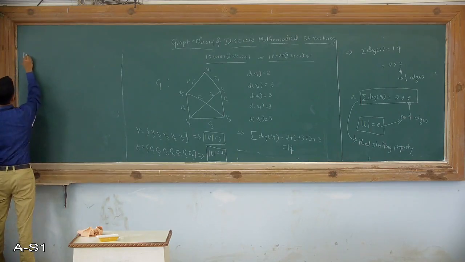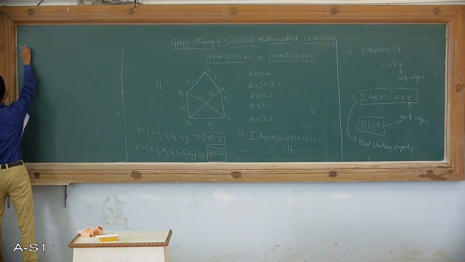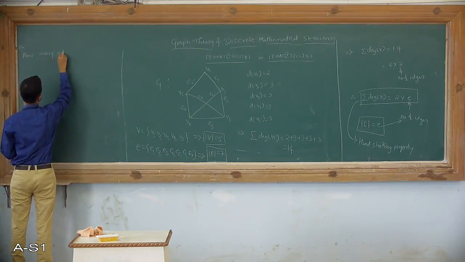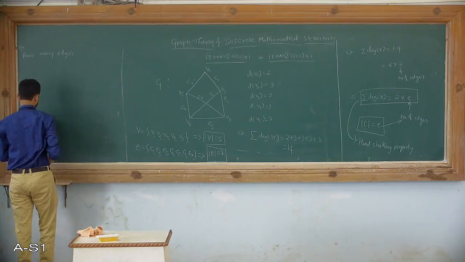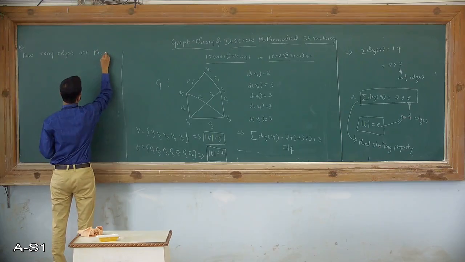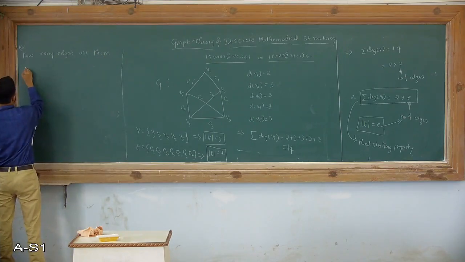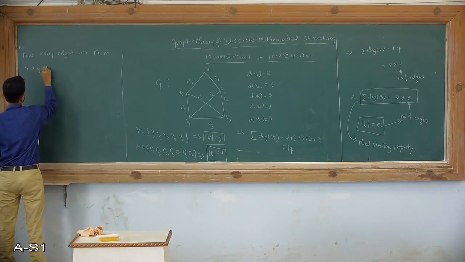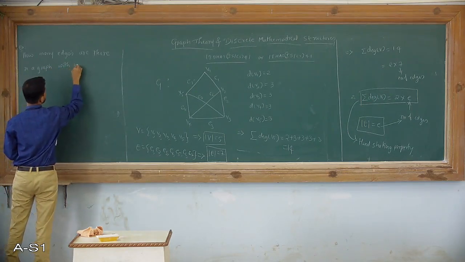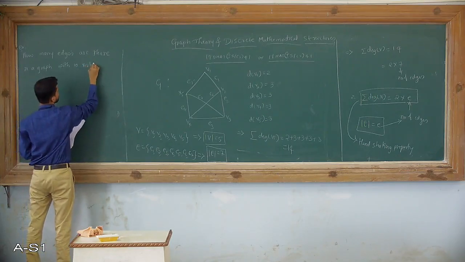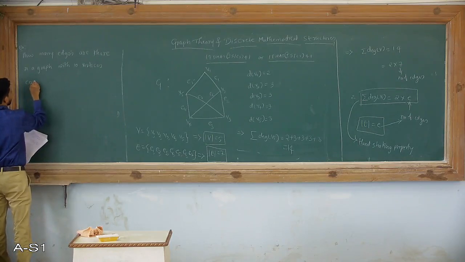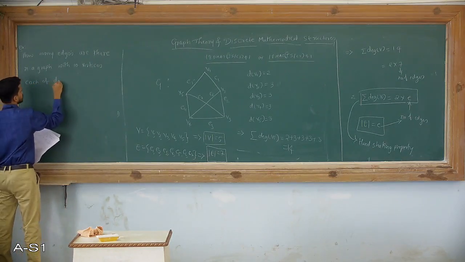How many edges are there in a graph with 10 vertices, each of degree 6?